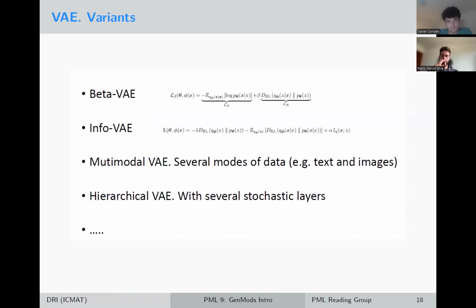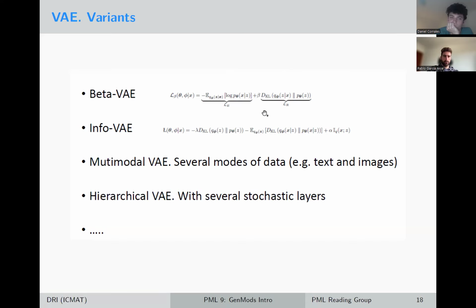Okay, so there are several variants. I've put 4 of them, but there are tens of variants of variational autoencoder. The first one is called beta variational autoencoder, and basically it's a reformulation of the ELBO. The basic idea is to get this decomposition with this weight beta.